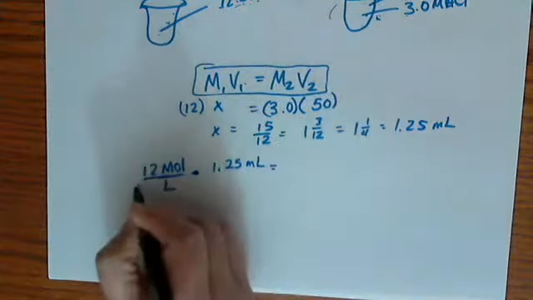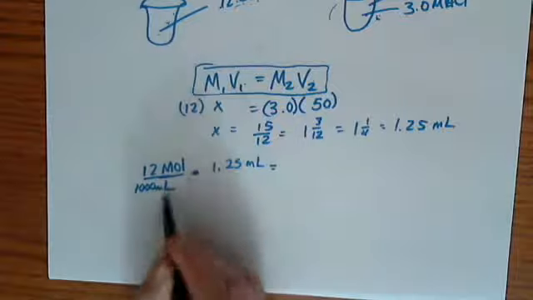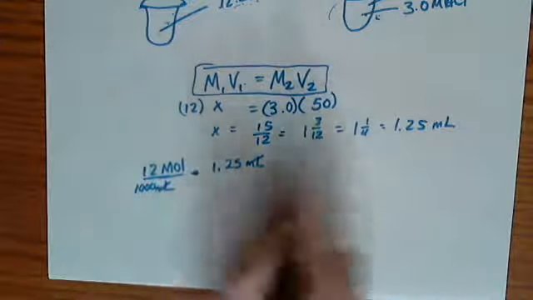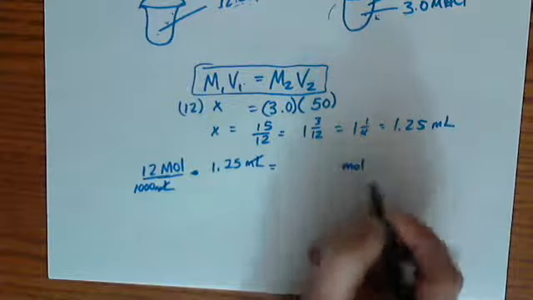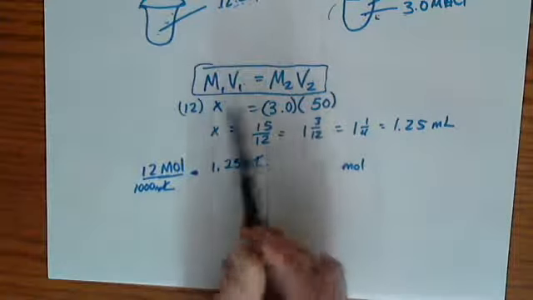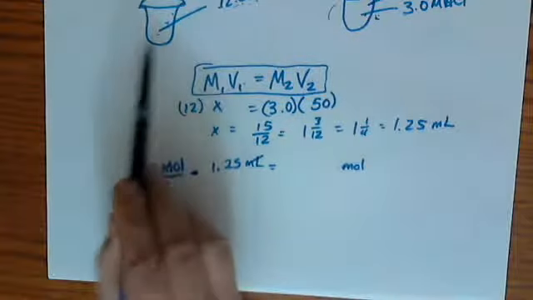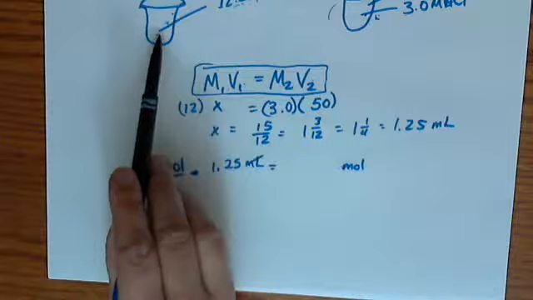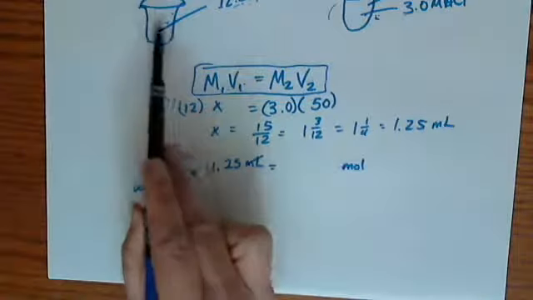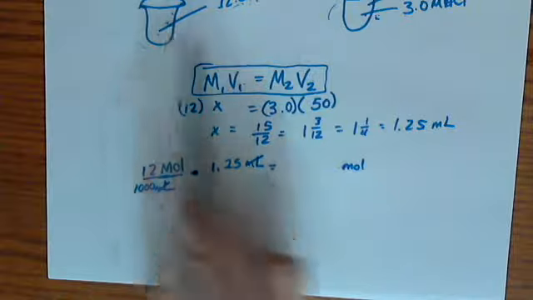then I can do the math. 1,000 milliliters, and this milliliters will cross off, and my answer will actually be just the total number of moles of HCl that I actually started with when I took out that 1.25 milliliters.